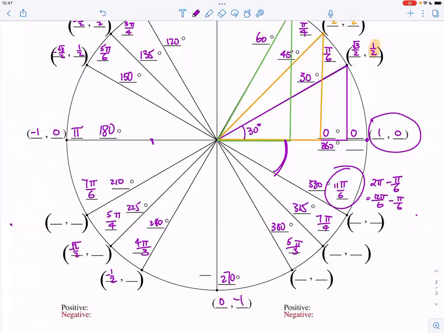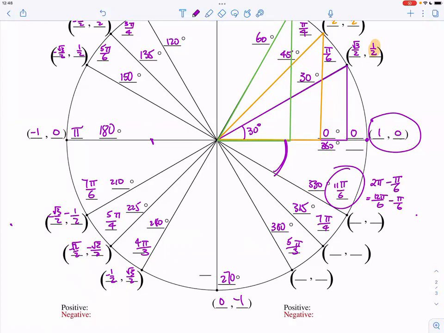And what you would also know is that if one is square root 3/2, the other one must be 1/2. So I want you to see this kind of pattern to check yourself. And of course, if you rely on this pattern, then you must make sure your very first point is absolutely accurate.